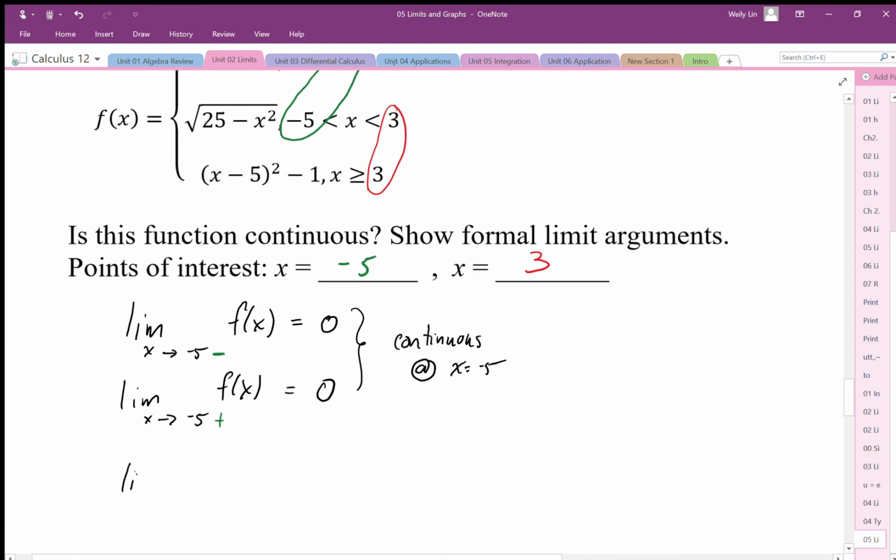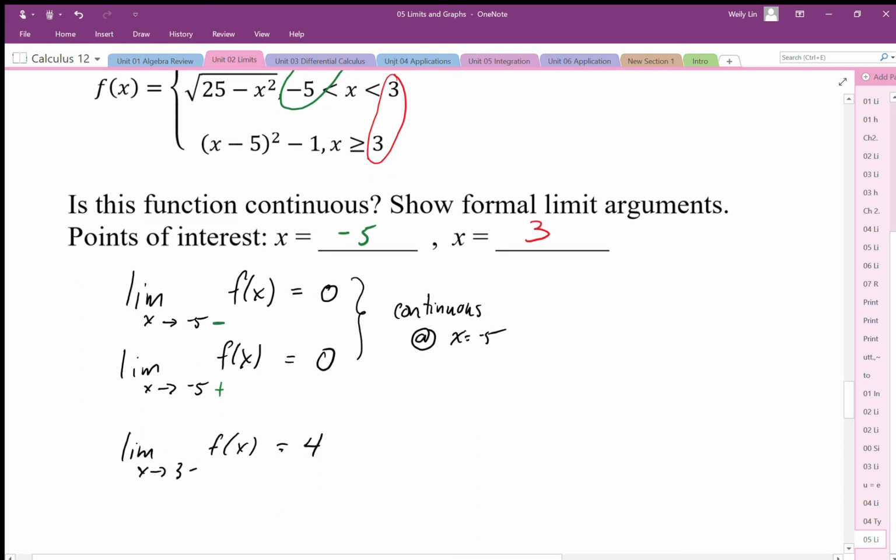Then we can test x equals 3. We test the limit as x goes to 3 from the negative side. From the negative side, we plug in 3 there, so we end up with the square root of 25 minus 3 squared, which is 9. So we're looking at the square root of 16, or 4. Now I test it from the right-hand side in the other equation.